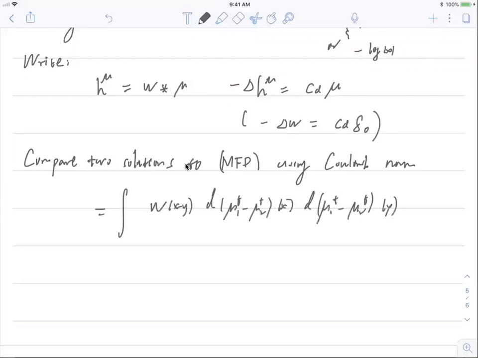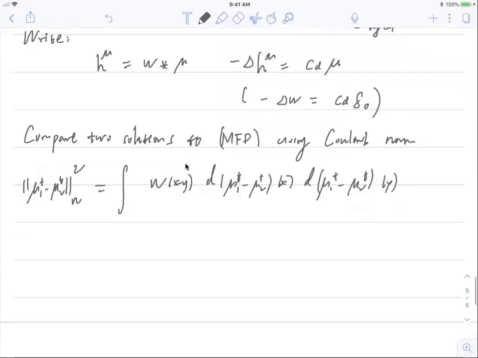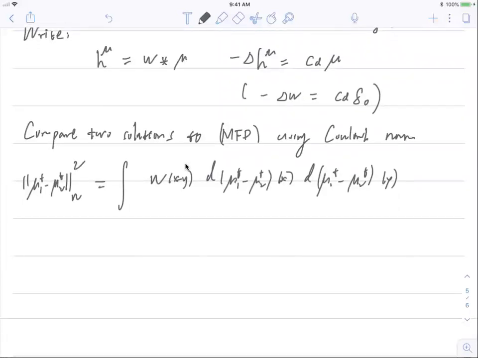Basically this is just mu 1 t minus mu 2 t, with omega, squared. And we want to evolve this quantity. There are problems here, but you can show that, at least for the Coulomb interaction, if mu 1 t and mu 2 t are nice enough, this is always positive.